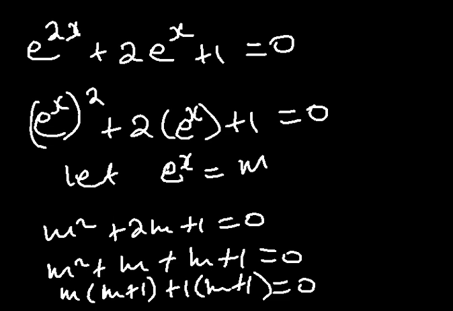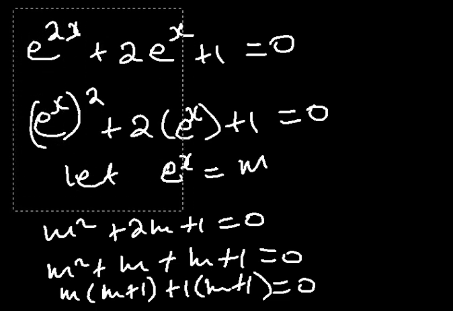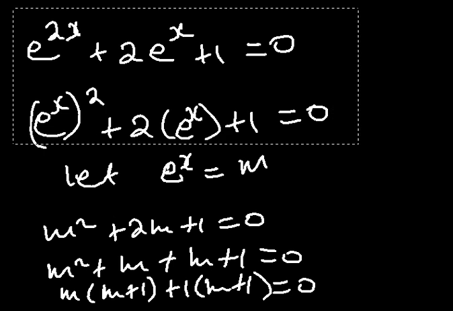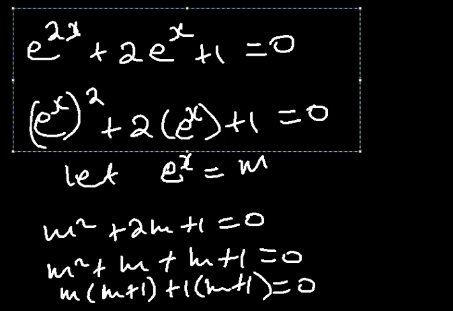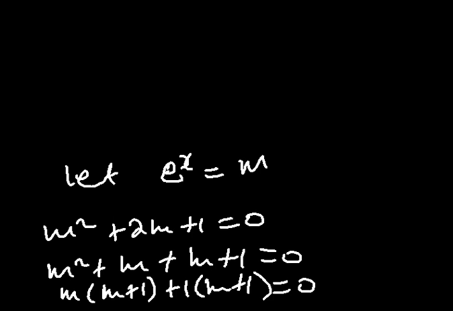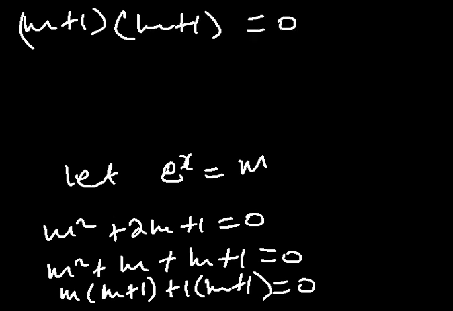So make sure that you have the skills of how to factorize quadratic equations. In this case we'll have m plus 1 and m plus 1 equal to 0. Hence m is equal to negative 1, and in the same case m is equal to negative 1 as well.